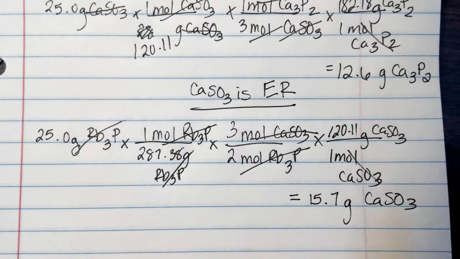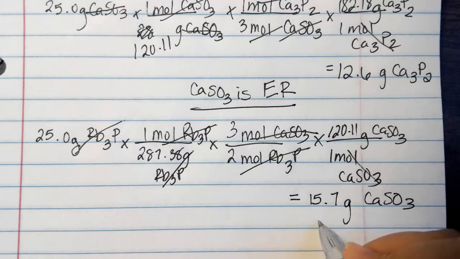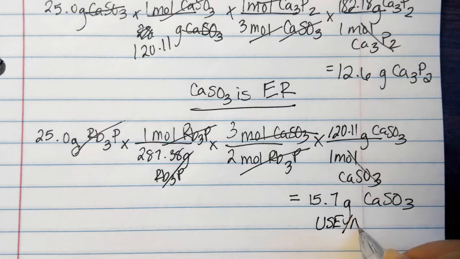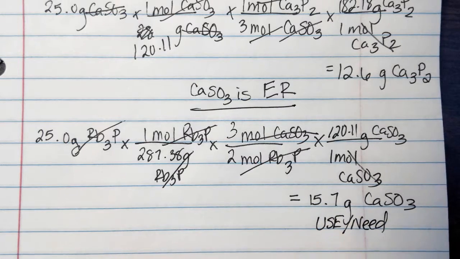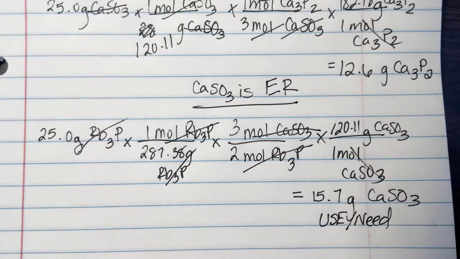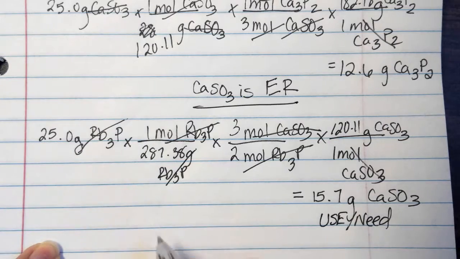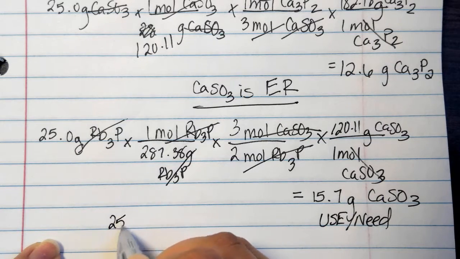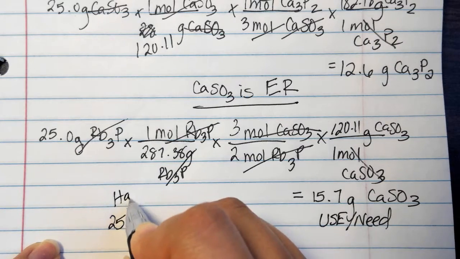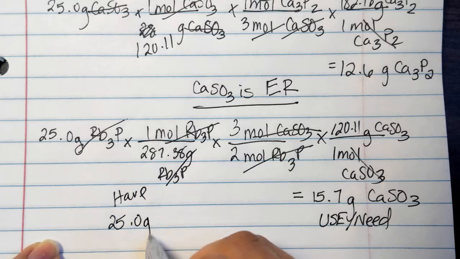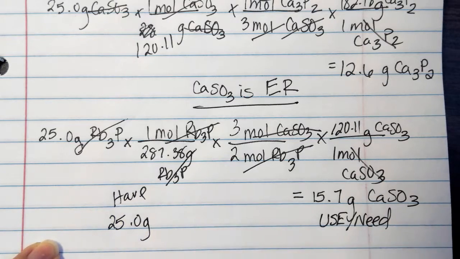All right, this is what we need to completely react with all of my limiting reactant. But I can go back to the original problem, and I see that they gave me, or this is what I have, 25 grams. So it's kind of like going to the store.